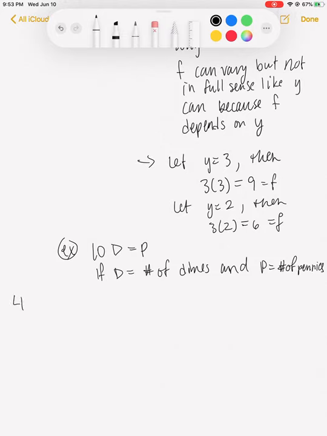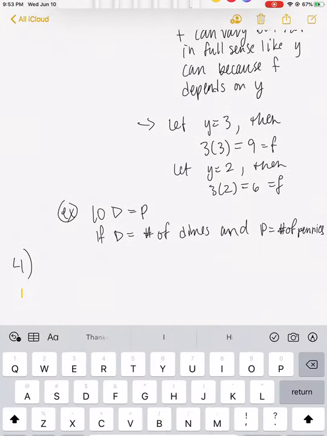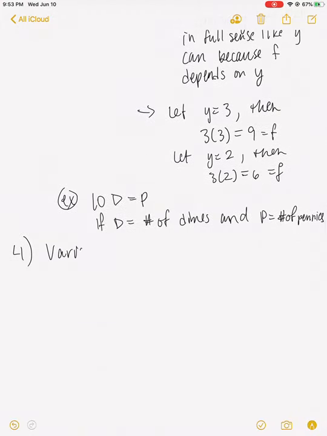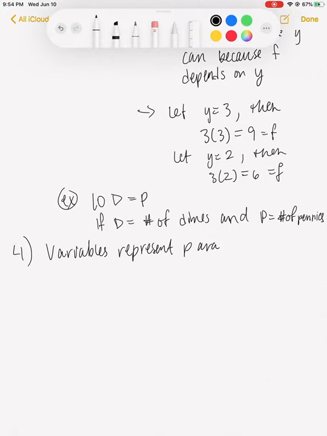Number 4. Variables represent parameters or constants in the general form.